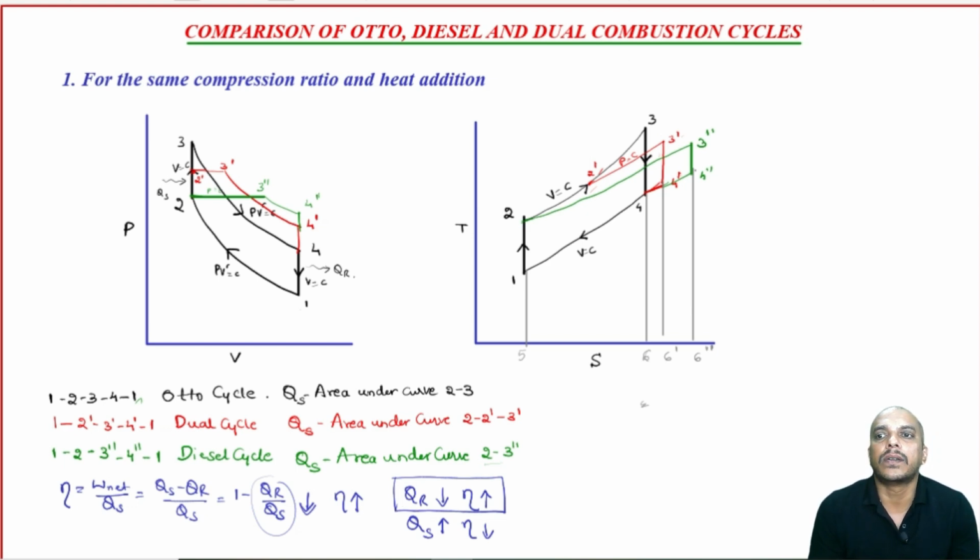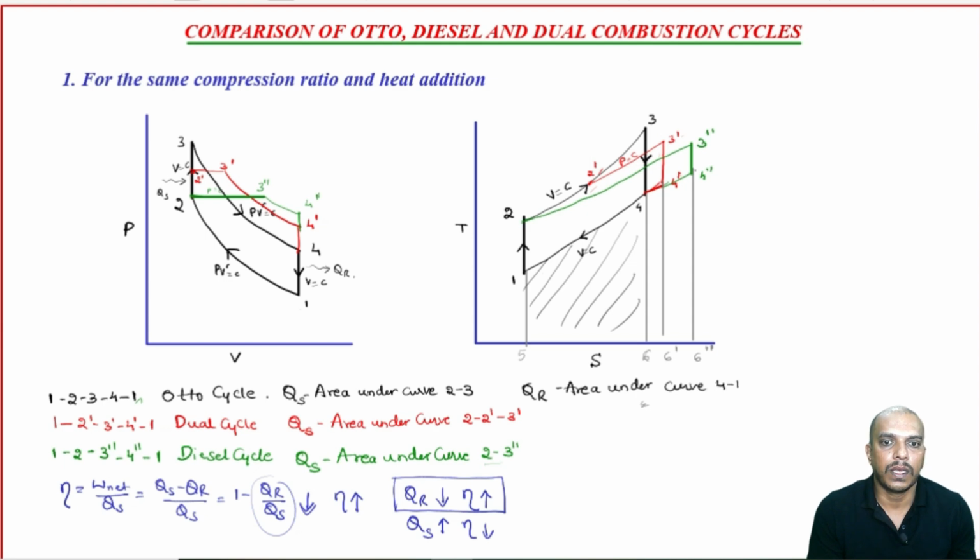Now, let us concentrate on heat rejection. 4 to 1, or 4 dash to 1, or 4 double dash to 1, represents heat rejection. Now, look at this. For the Otto cycle, this is the amount of heat rejection. I will write here also: heat rejection for the Otto cycle is the area under the curve 4 to 1.